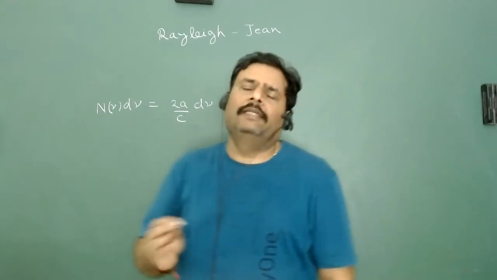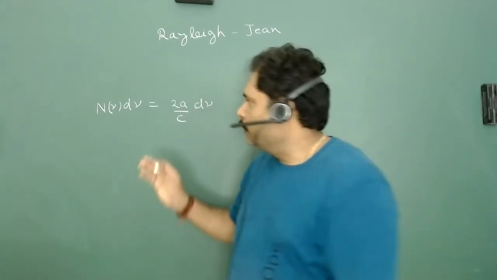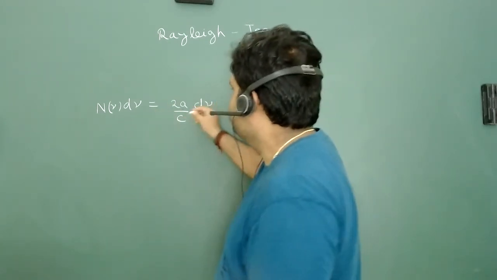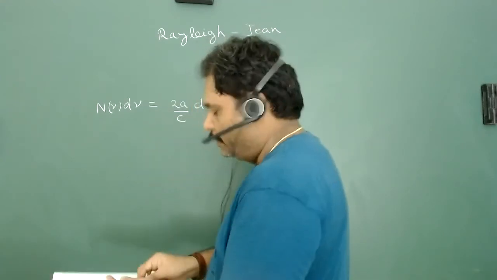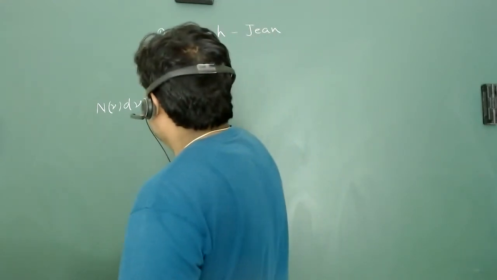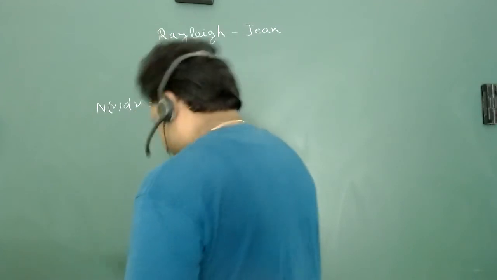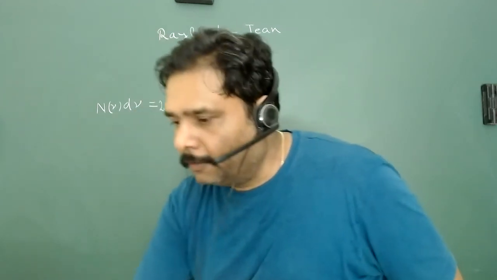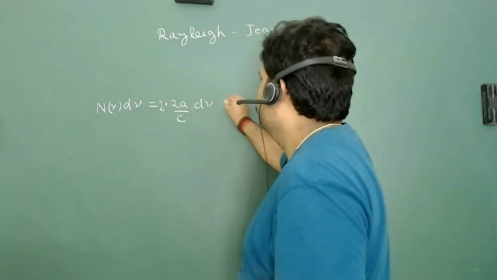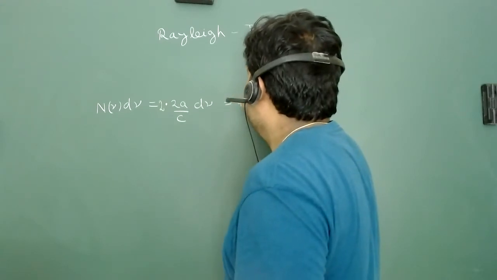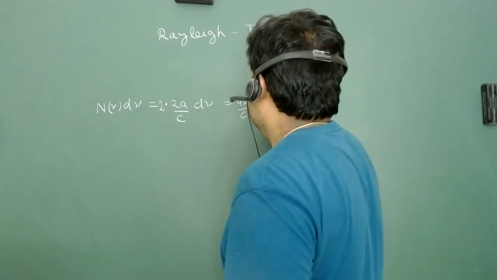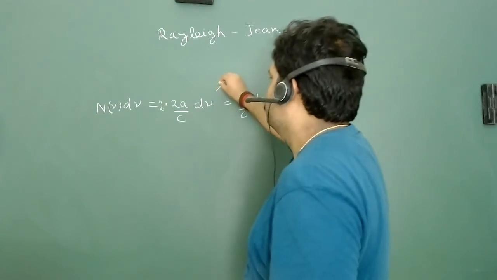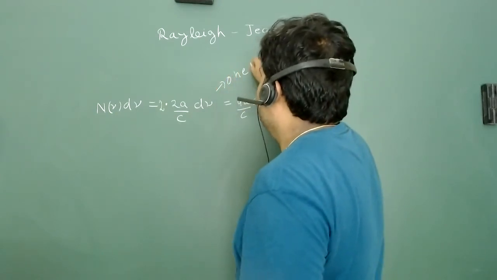So for this particular polarization, we multiply by a factor, that is 2. So this particular value is given as 4a upon c dν. So this is in one dimension.